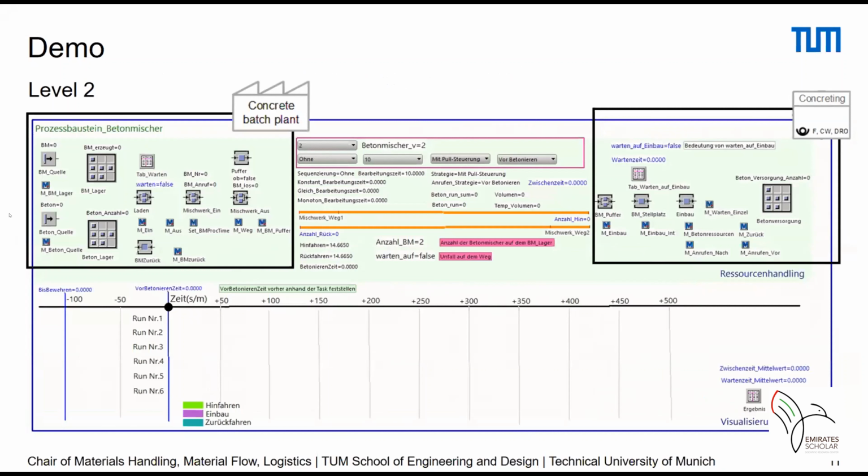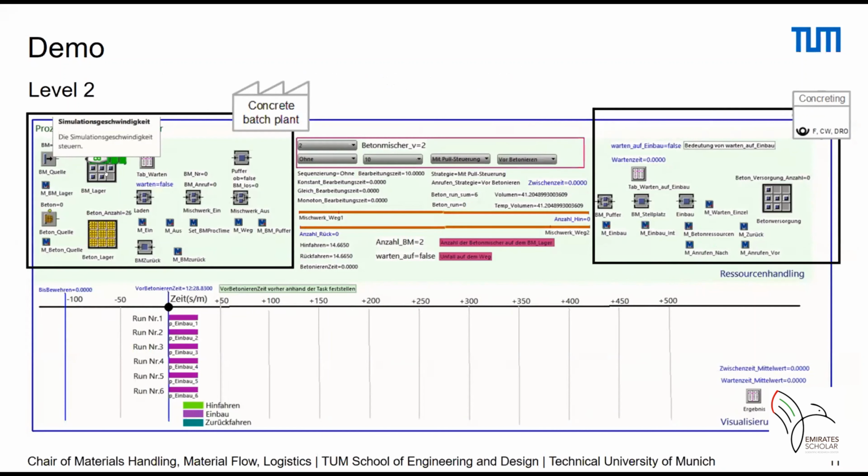We have here the visualization of the concrete batch plant, and in this corner the concreting, and we will see how the concrete mixer is getting loaded at this concrete batch plant, and then moves forward to the construction site, and here the concreting is starting, and simultaneously we have the scheduling to control the material flow. I will just go further because I think the time is limited.